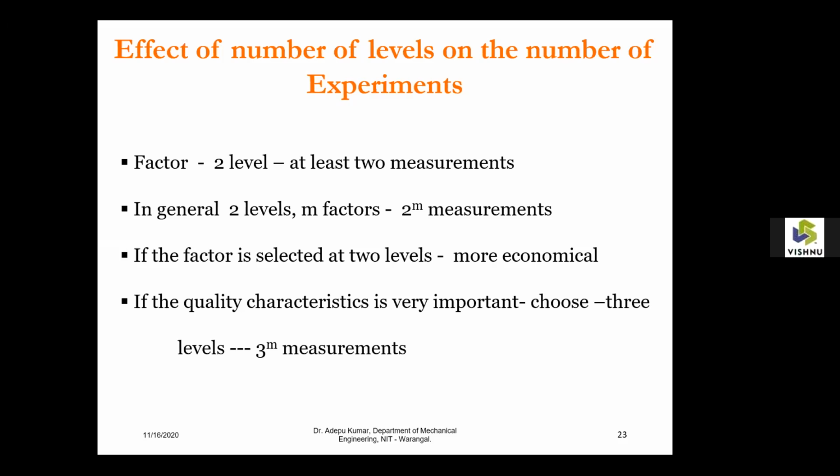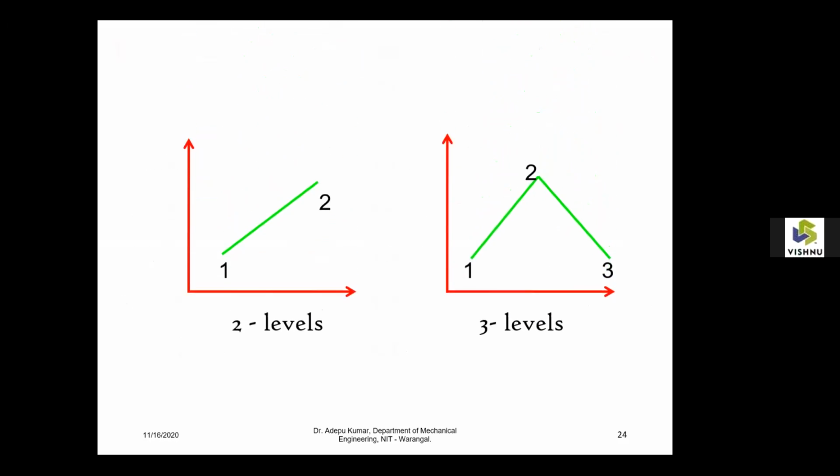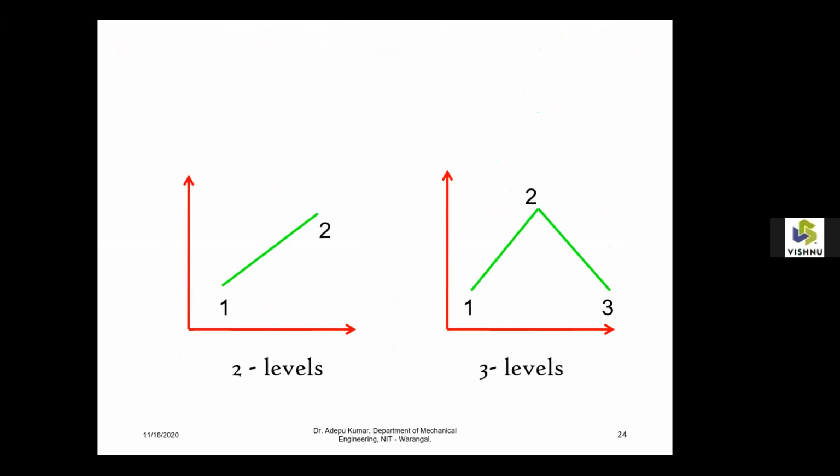So as the number of levels increases, the number of experiments also increases. You can see in the future slides which is more beneficial for quality. So directly go to the next slide.